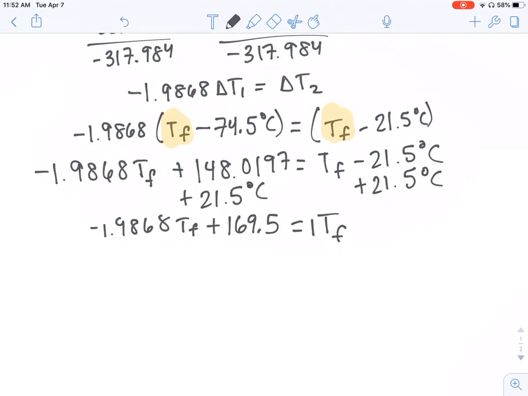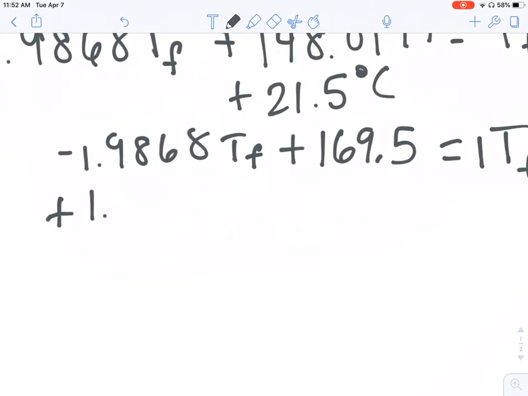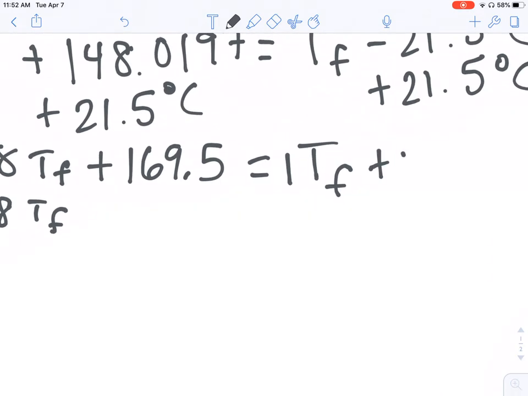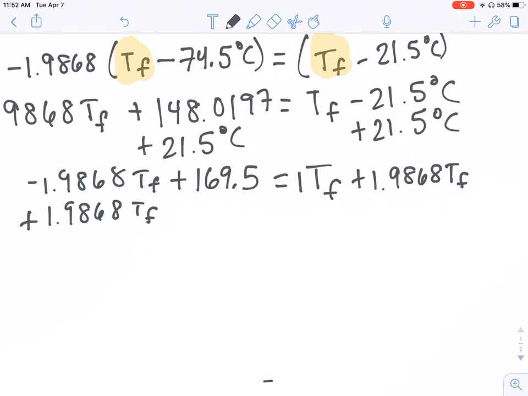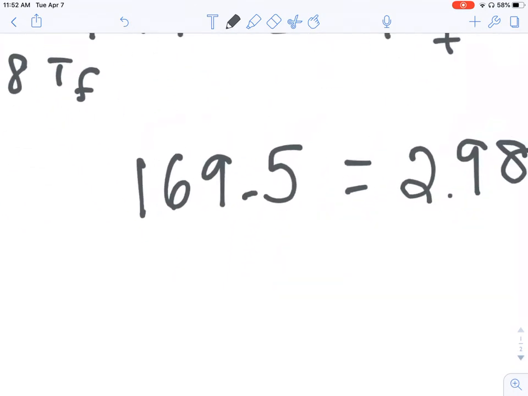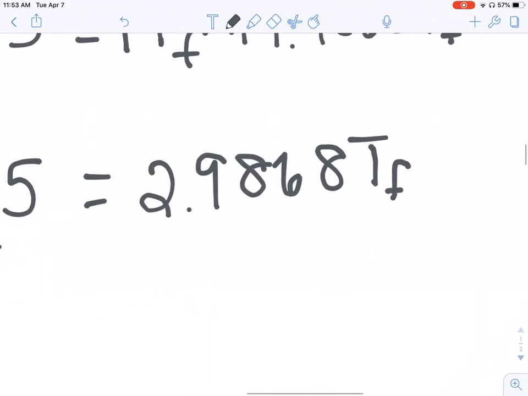So now I need to add 1.9868 TF to both sides. All right, so I will get that 169.5 equals 2.9868 TF, and then divide both sides by my 2.9868 to isolate TF.